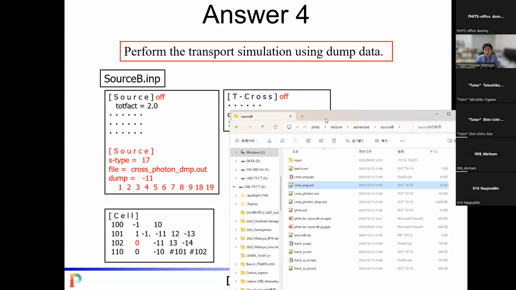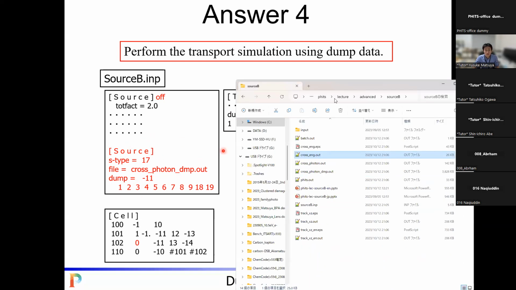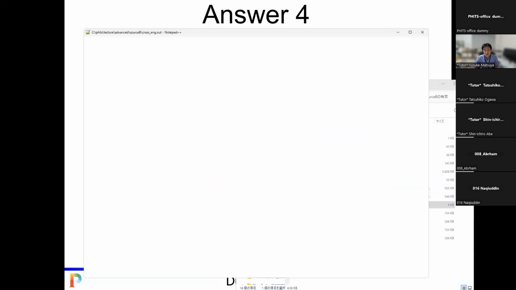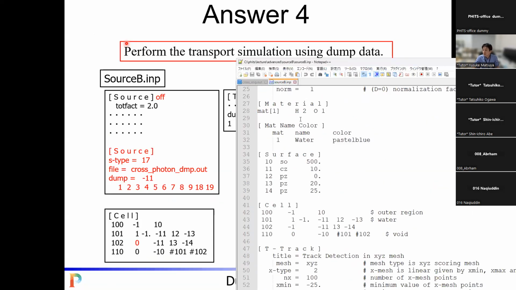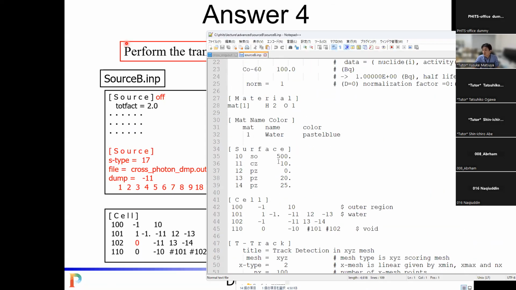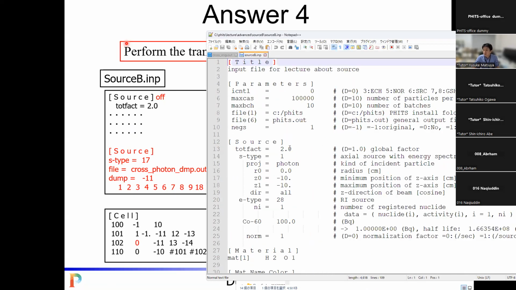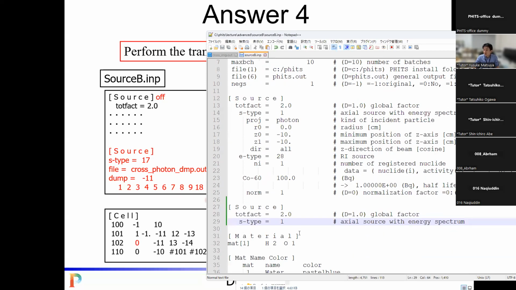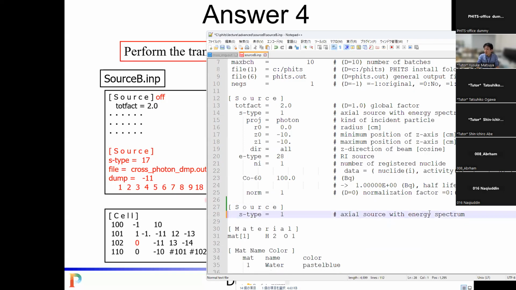to create a new source section with S type equals 17. I think it is better to copy the source section and modify the S type value to be 17.